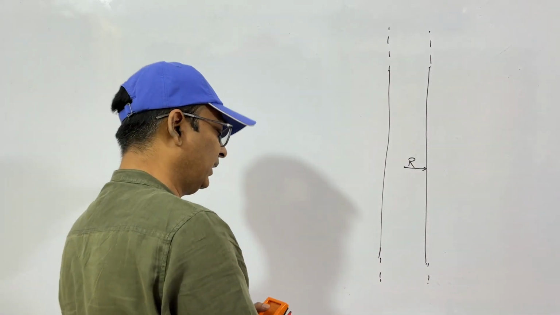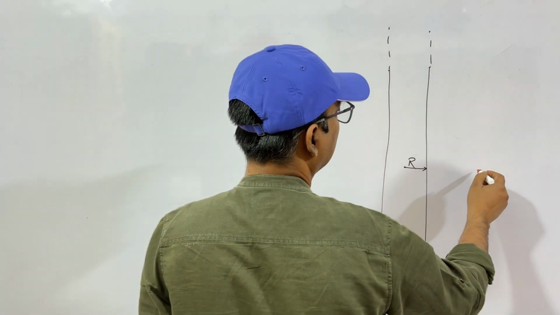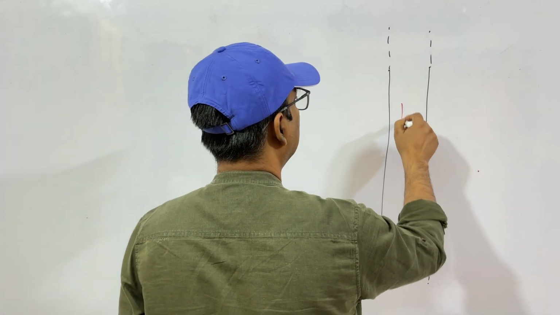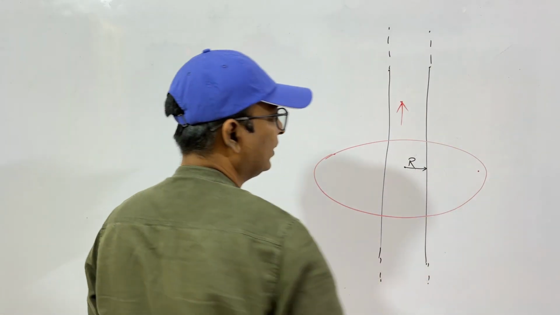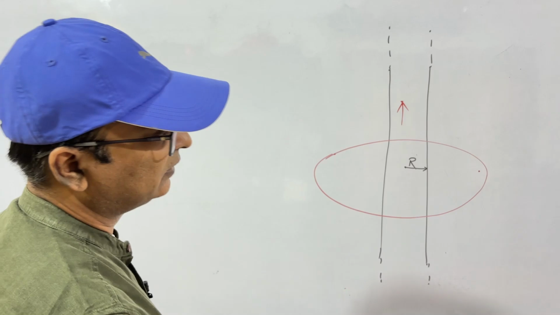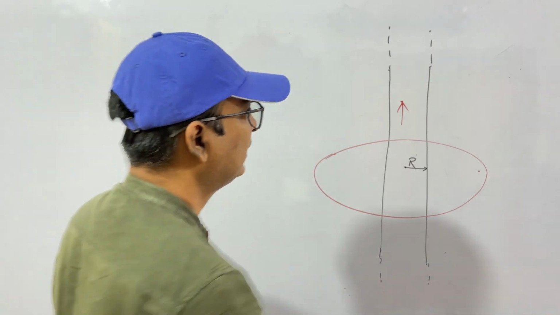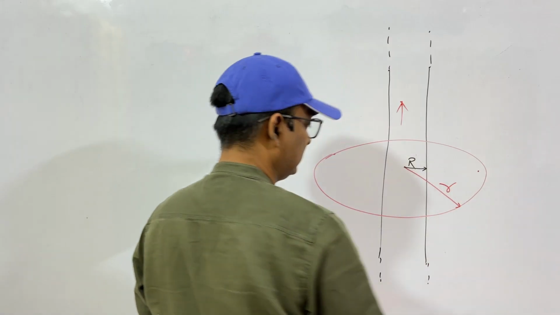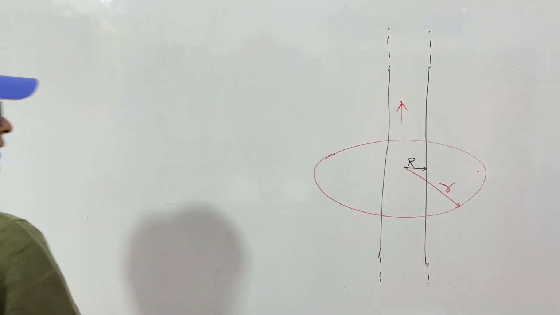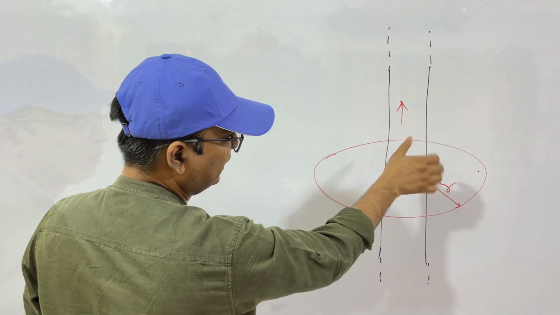We have to find the magnetic field intensity at this point. Let's say the direction of current is this. So what we'll do is take an Amperian surface, a cylinder inside which this current is moving. We have used capital R, so let this radius be small r.